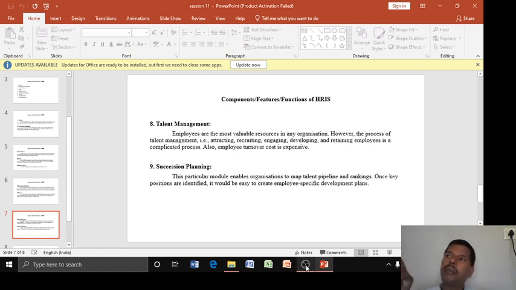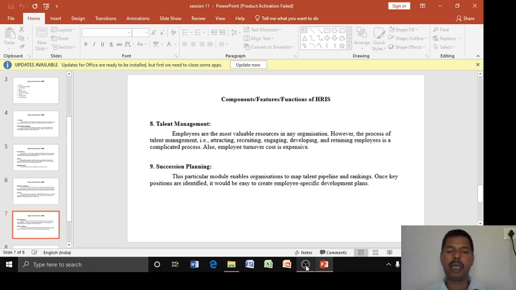Again, it can help to reduce labor turnover and ultimately reduce the cost of employment and the cost of recruitment.